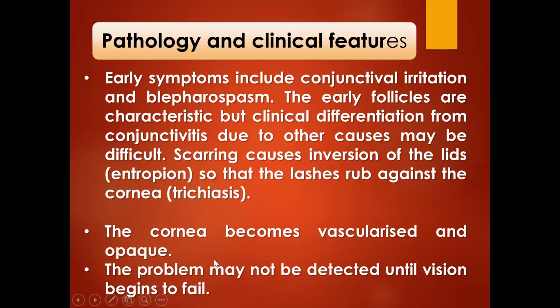So this is a brief summary of what happens from conjunctival irritation to spasm of the eyelid, then formation of follicles due to inflammation, then scar formation in the upper eyelid, which leads to inversion of the upper eyelid, exposing the cornea to irritation by the lashes, known as trichiasis.